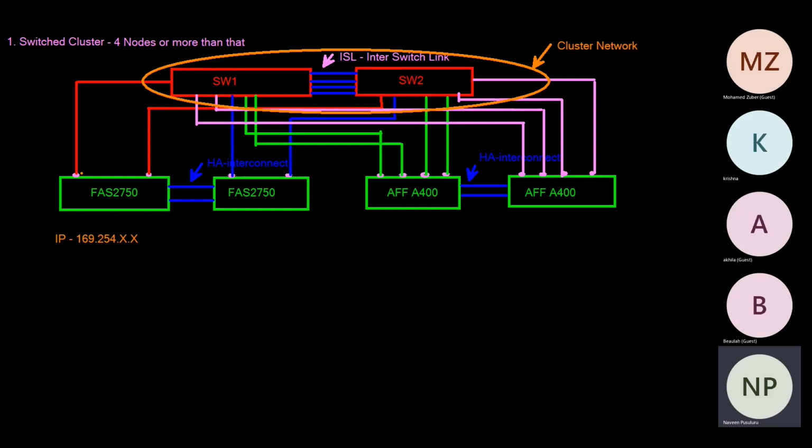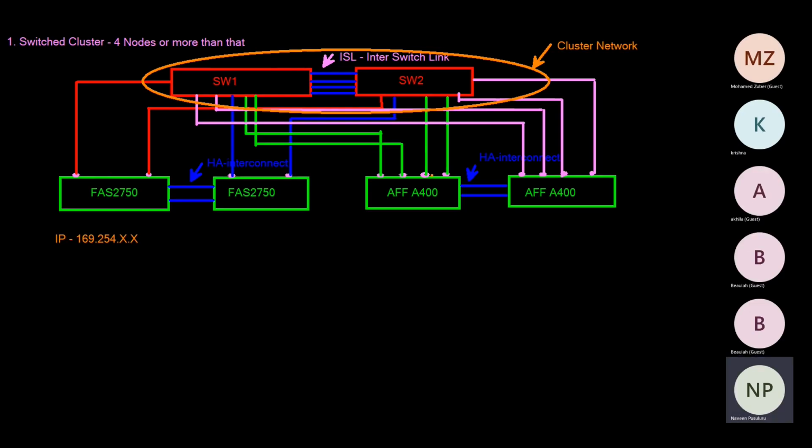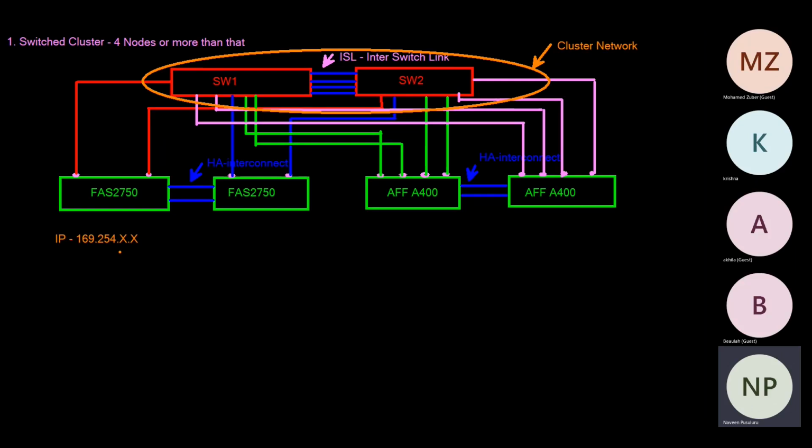We don't need to do that. Automatically, once you connect the controller ports to the switches, the controllers will get the IP address. We don't need to do anything with the IP address. This is just for cluster internal communication.